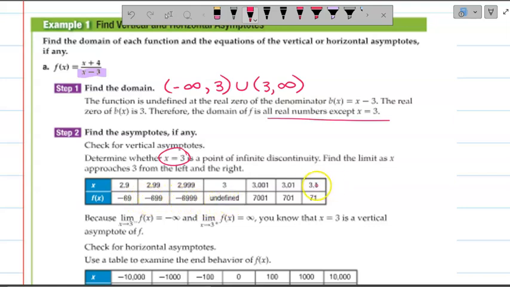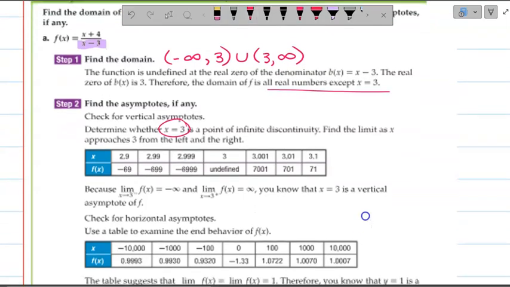And as we approach 3 from the right, 3.1, 3.01, the numbers are approaching positive infinity. They're getting big in a hurry: 71, 701, 7001. So that's creating that vertical asymptote. That's how we can confirm it using limits.